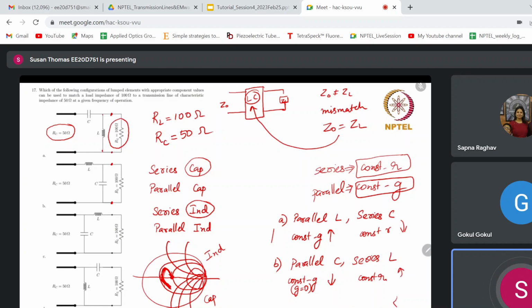So this means you move downwards first along the G circle and intersect the R circle. Then again you move up along the R circle and meet the matched point.